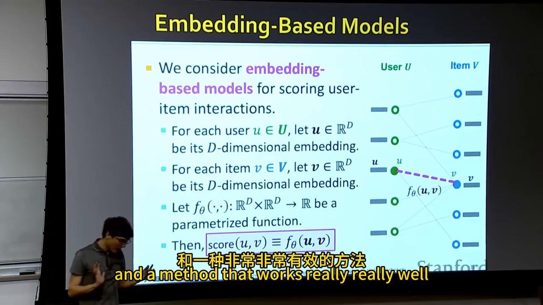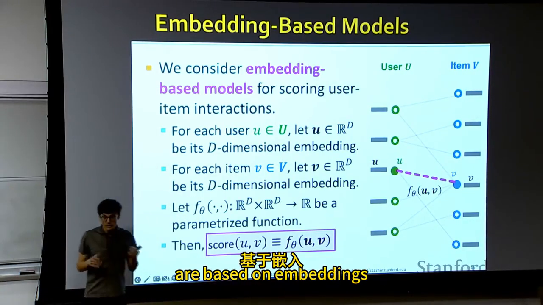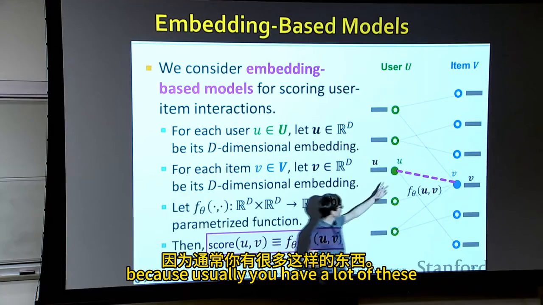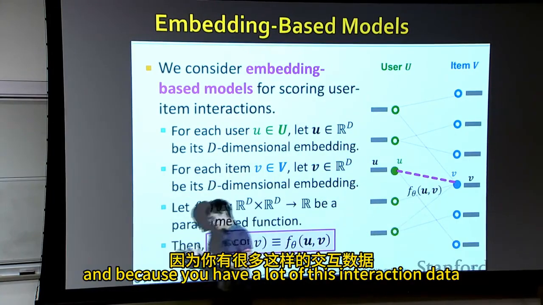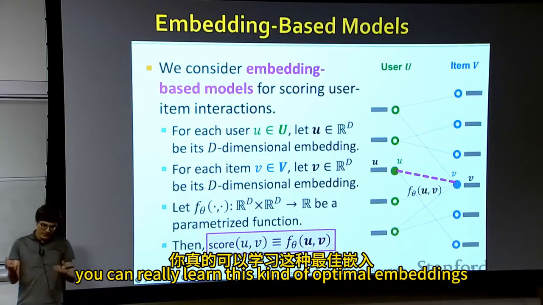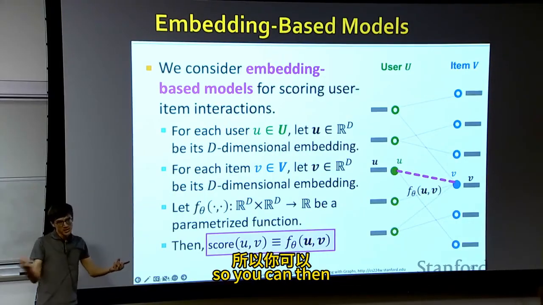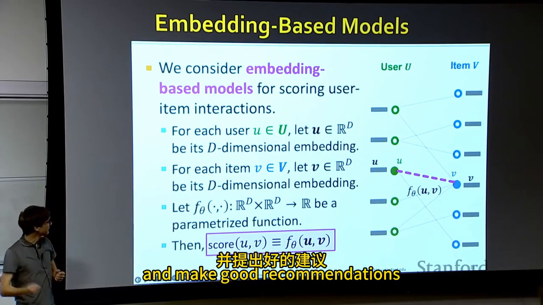And methods that work really, really well are based on embeddings. The reason these methods work really well is that usually you have a lot of interaction data. And because you have a lot of this interaction data, you can learn optimal embeddings of users and items, so you can learn their different aspects and make good recommendations.